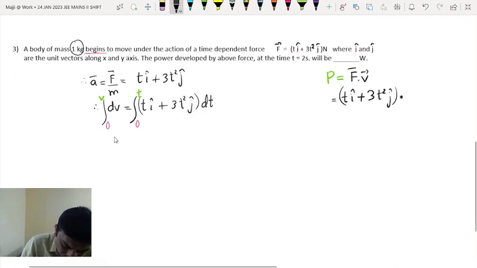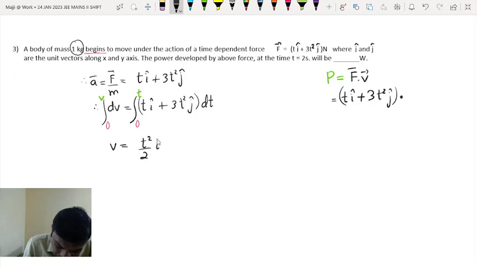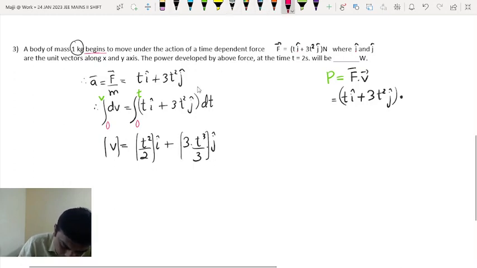So therefore this will be integral dv is v, here the integral will be t square by 2 into i cap, and this will be 3 t cube by 3 into j cap, integrated between the limits 0 to v and here 0 to t.